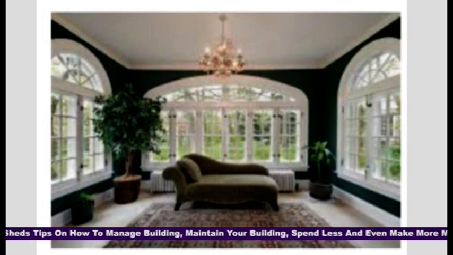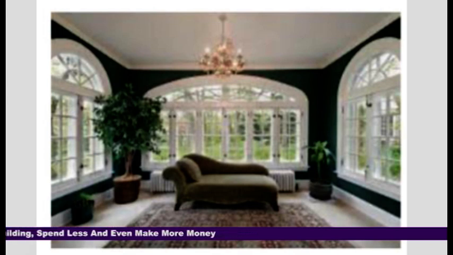Now, if you don't have windows on the opposite sides, maybe you moved into a building and found that the windows were not done in that manner, you can introduce high-level windows, maybe at the top of another window, or on the top of a door, or even on the side of the wall. These windows can be placed on the high level of the wall, on top of the door, or on top of another window, and it creates a beautiful ambience in the building.